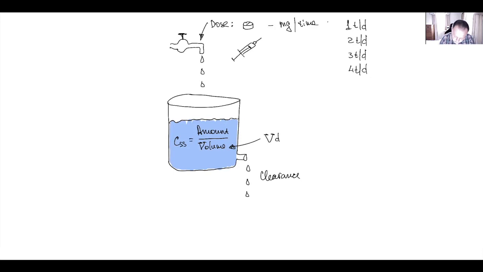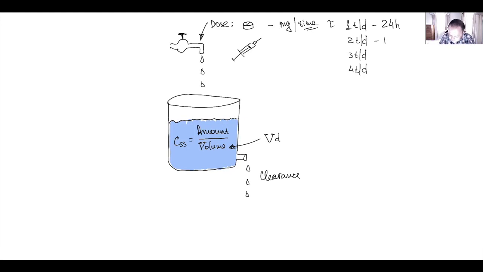And here we're operating with tau, the dosing interval. So if we are taking a 1 times daily medication, what is the dosing interval? The dosing interval is 24 hours, because the dosing interval for discrete doses is always in hours.